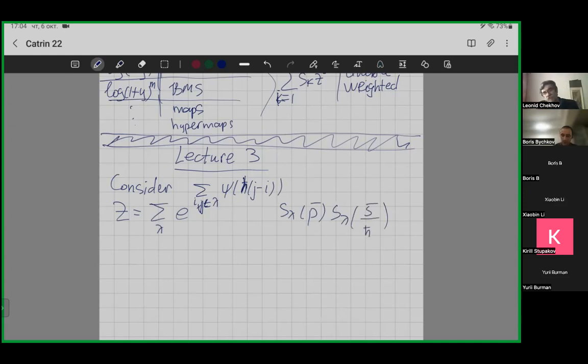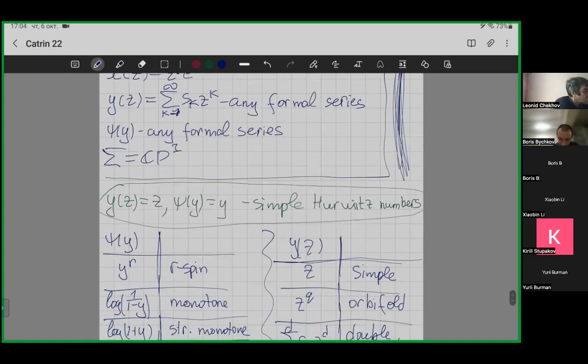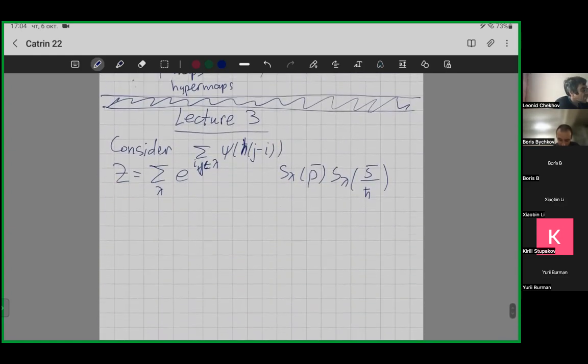So what I'm doing now, I want to introduce the series which then produces this spectral curve which is written here. And we start with this series.